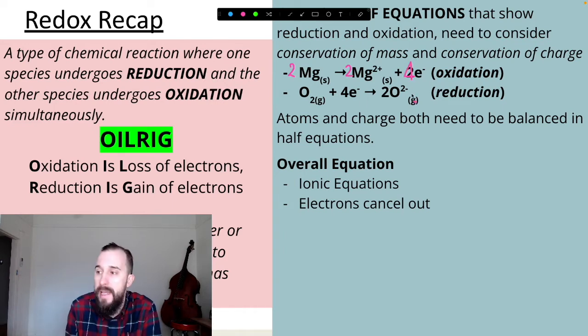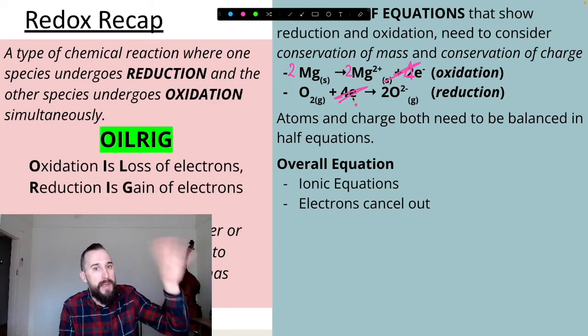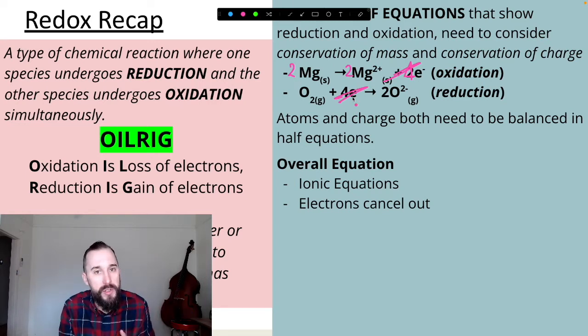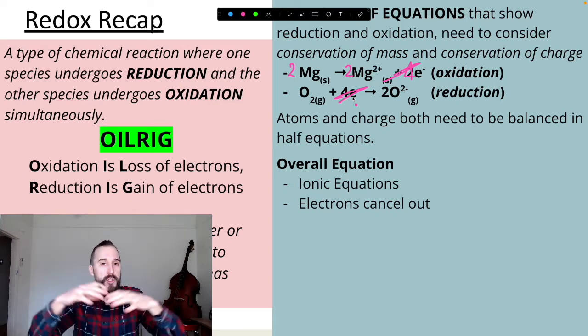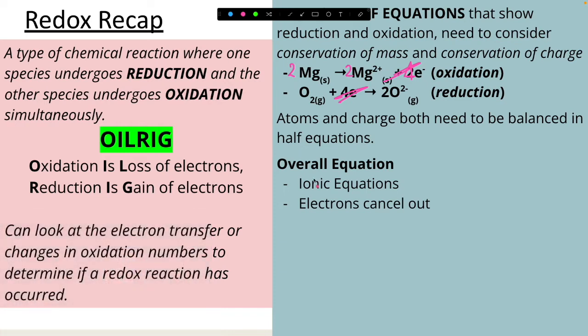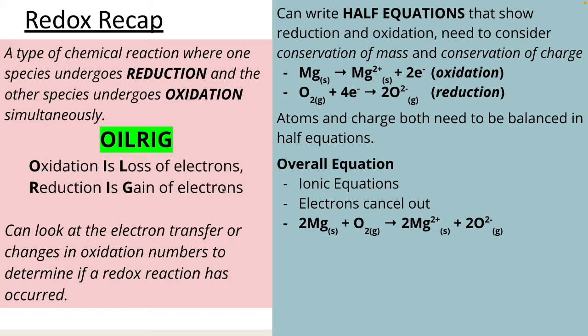And then once our electrons cancel out, we can quite simply just combine what's on the left-hand side for the oxidation and reduction processes, what's on the right-hand side for the oxidation and reduction processes, to show that total overall equation, which in this instance would be 2 magnesiums plus 1 oxygen goes to 2 magnesium ions plus 2 oxides.